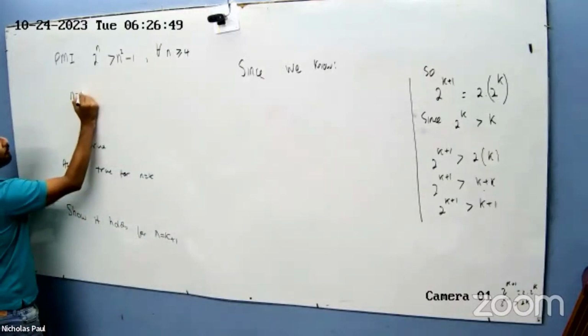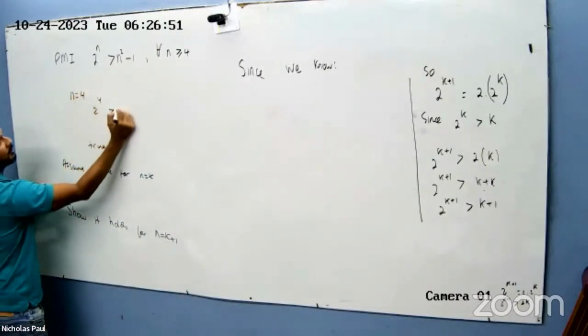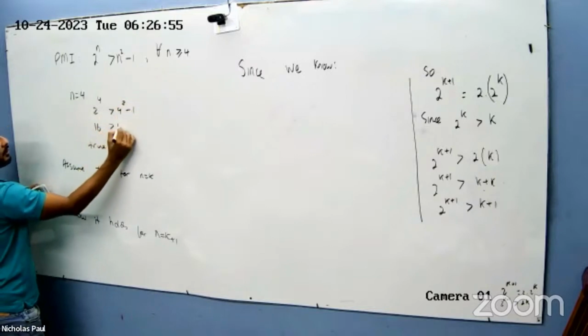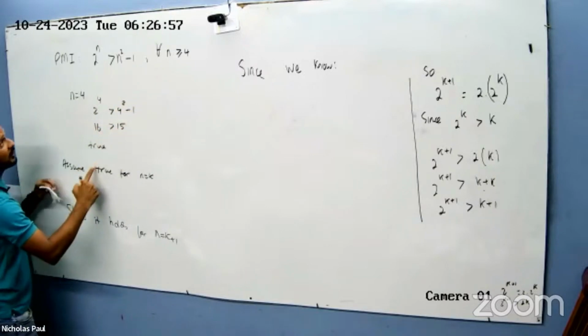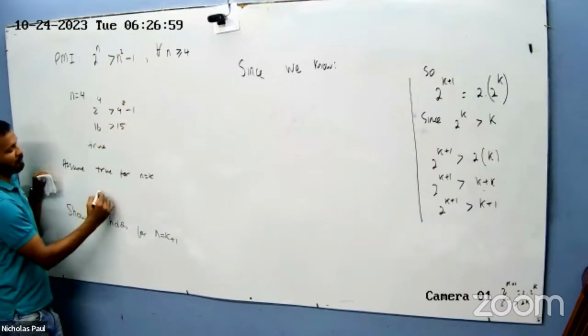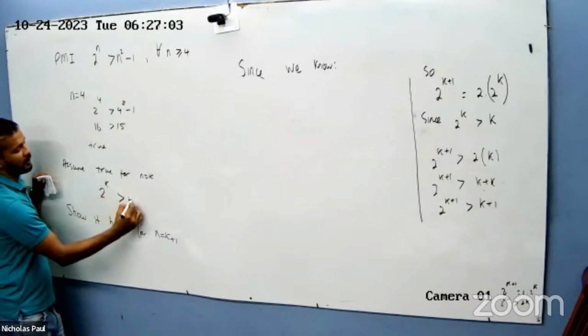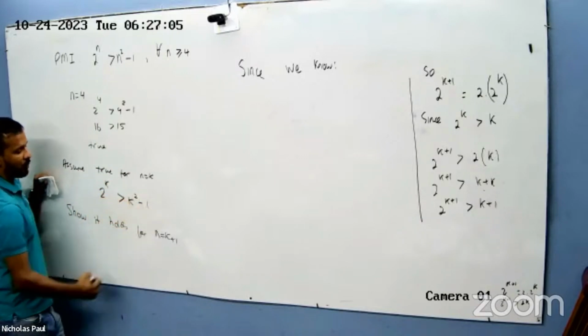So when n is 4, you'll get 2 to the 4 is more than this. This is 16 is more than 15, which is true. For n equal to k, it is 2 to the k is more than k squared minus 1.